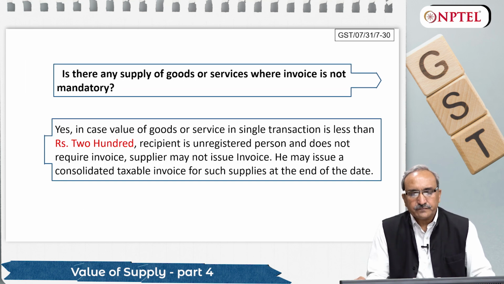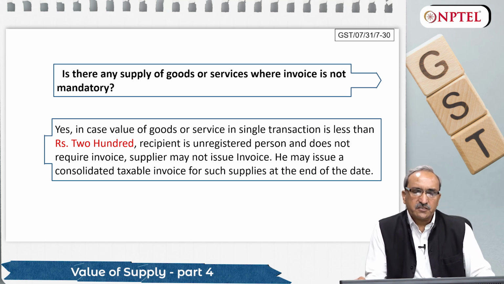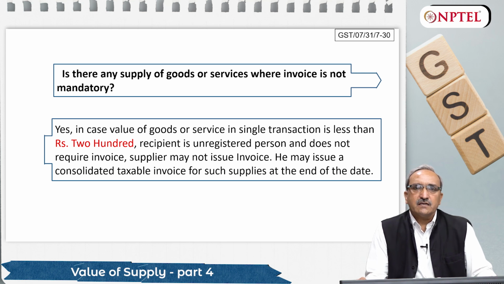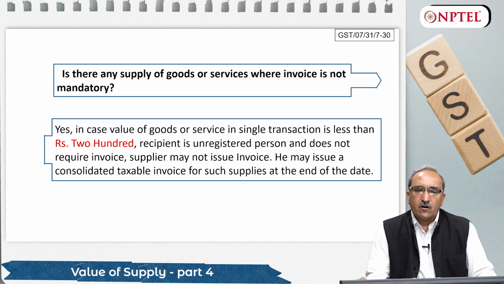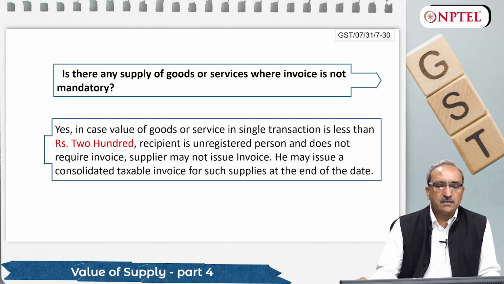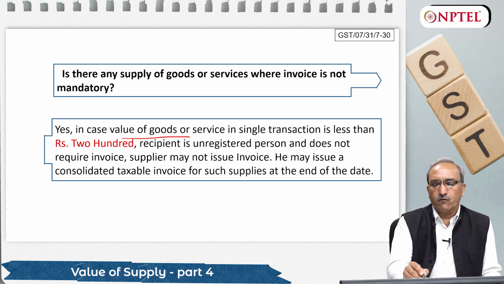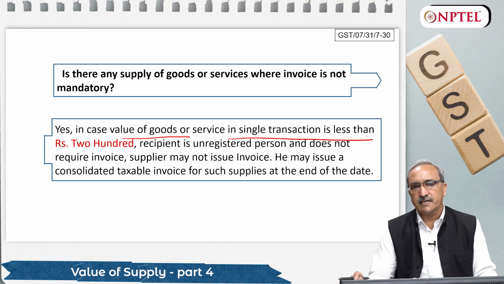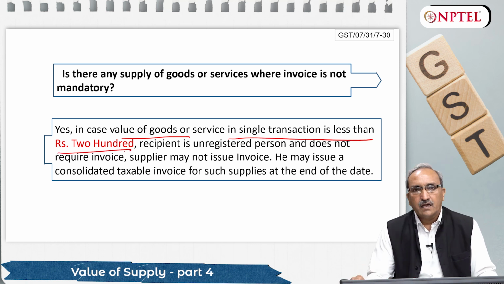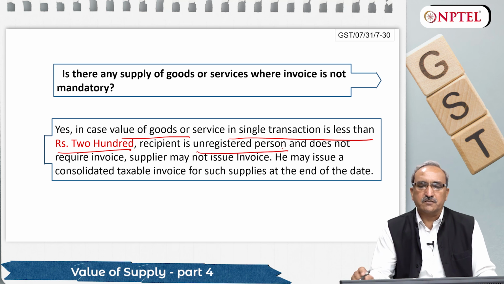So friends, I mentioned earlier also that business transactions are so complex nowadays. So you cannot generalize things. There are cases where the government or the law has given a relaxation of not issuing an invoice. The provision says, in case the value of goods or services in a single transaction is less than rupees 200 and the recipient is an unregistered person.